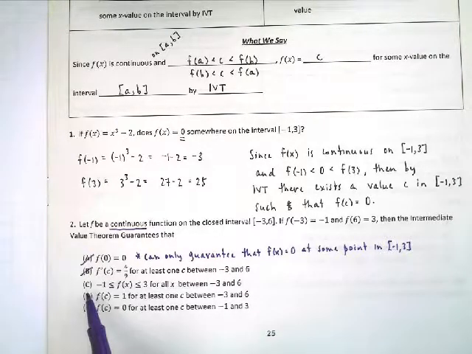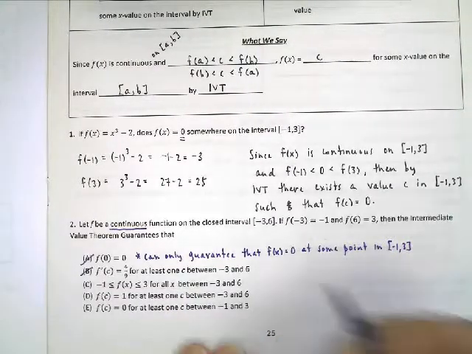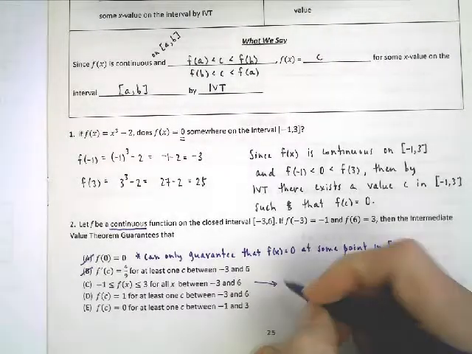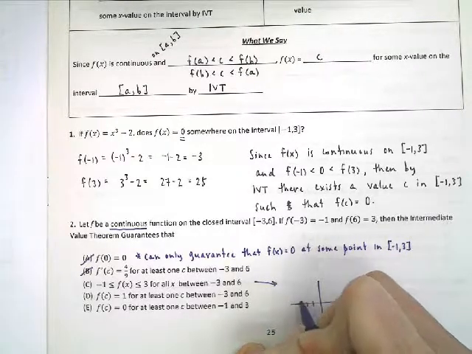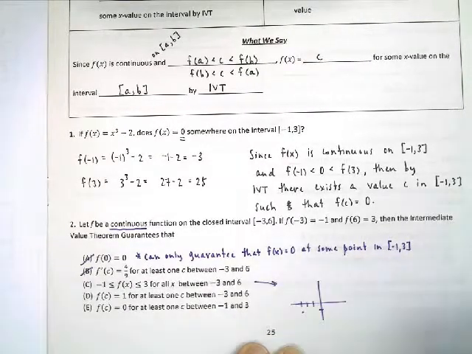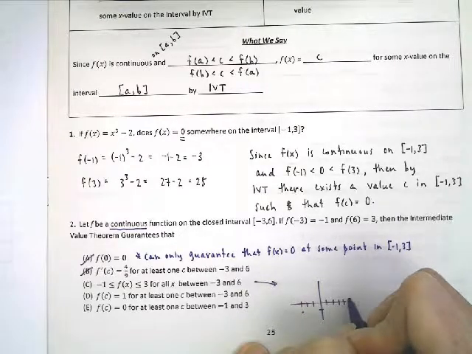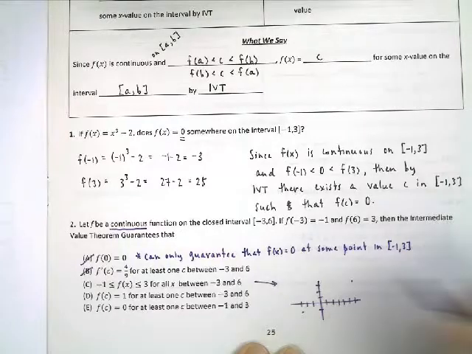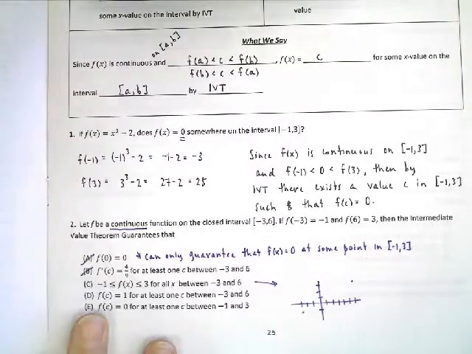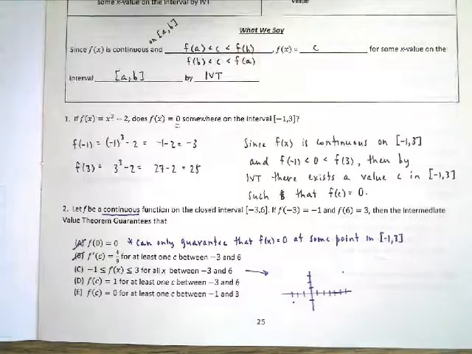All right, so C. It says that my values of f of x have to be between -1 and -3 for all x between -3 and 6. So let's think about this. I'm going to sketch just a little graph. We know here that f of -3 is -1 and f of 6 is 3. And we know it's continuous. So it could really do anything it wants in between there.